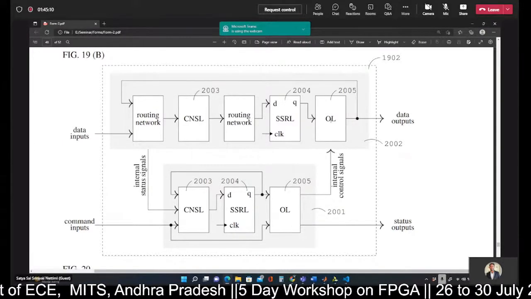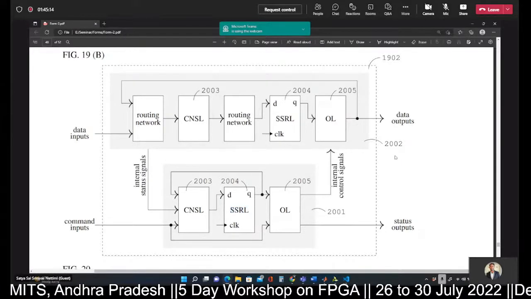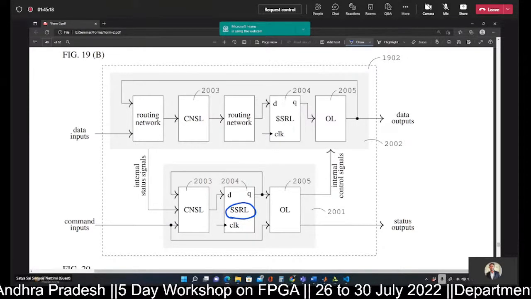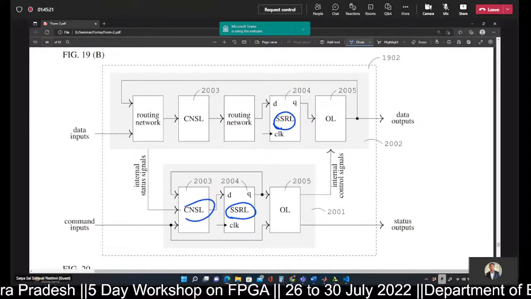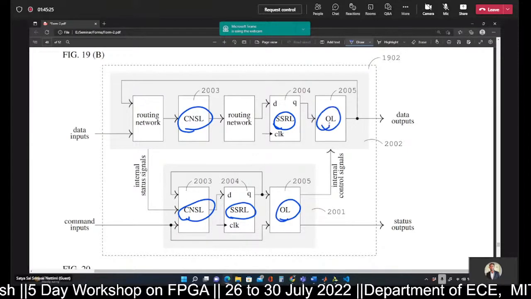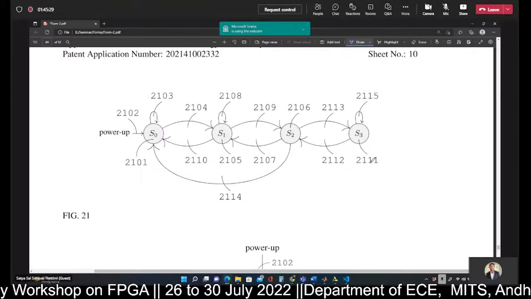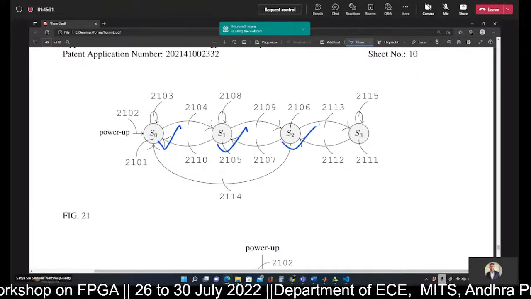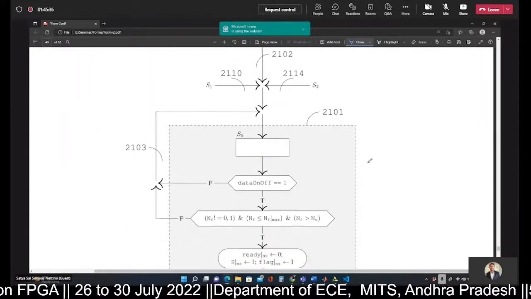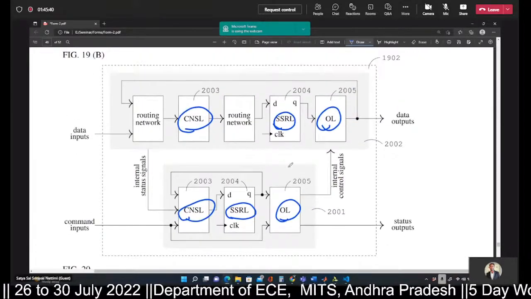In both control part logic and data part logic, we have sequential state register logic, combinational next state logic, and output logic. Also each FSM or ASMD has some finite states, and in each state we do some particular operation.